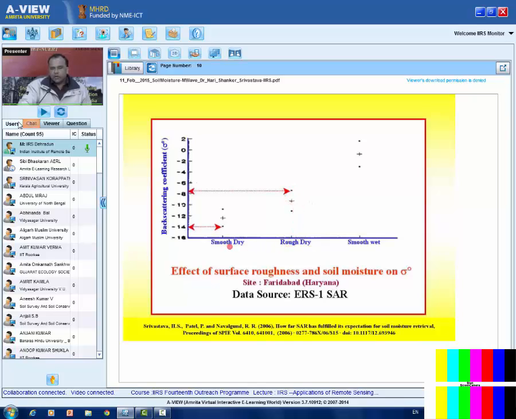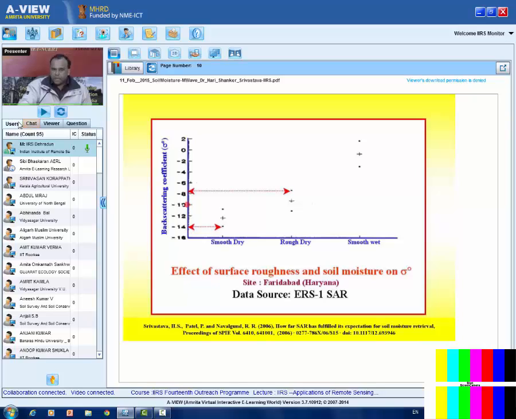Now you see, although the soil moisture in both these cases was very low, due to surface roughness the difference between this cluster and this cluster may be from say -6 to -14 dB.